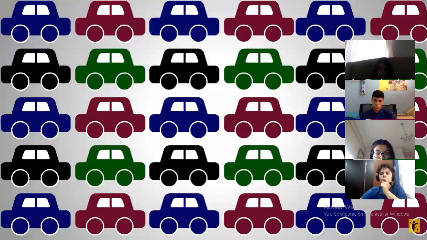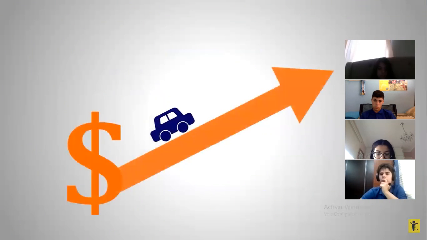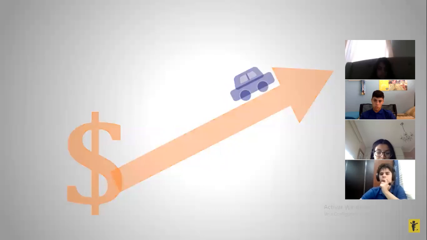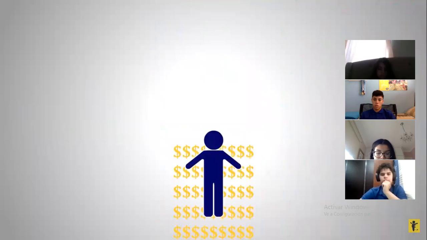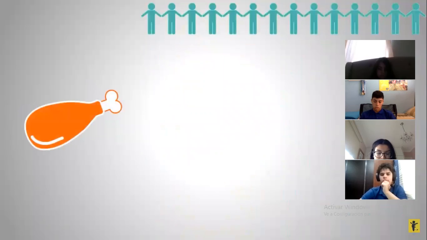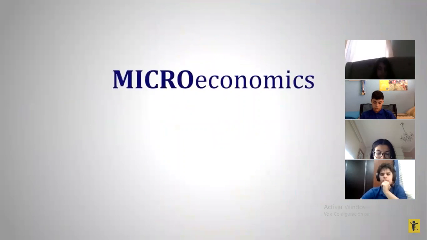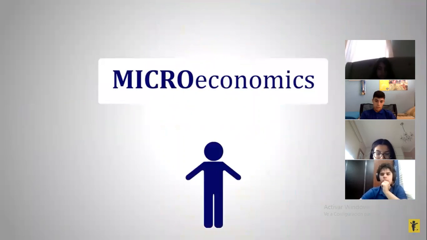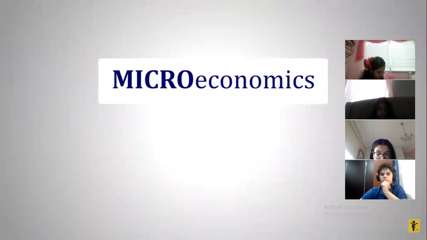Some questions we aim to answer in microeconomics are: If the price of cars goes up, what happens to consumer demand? If income levels of people increase, how will demand for meat change? So microeconomics deals with the individual parts of the economy. When we hear microeconomics, think small.